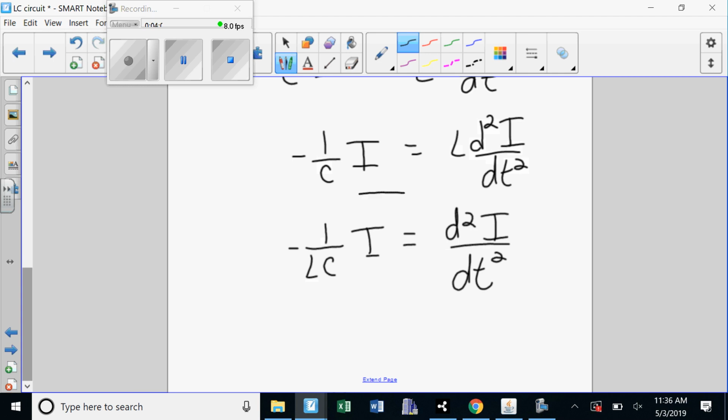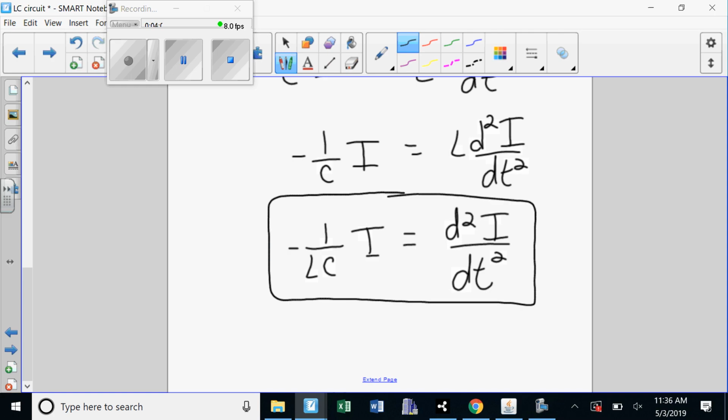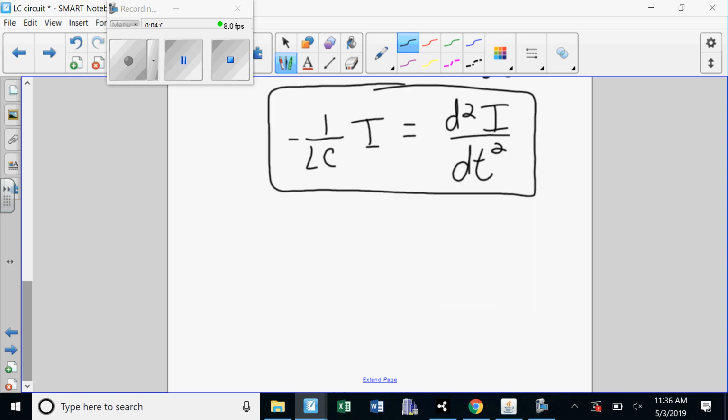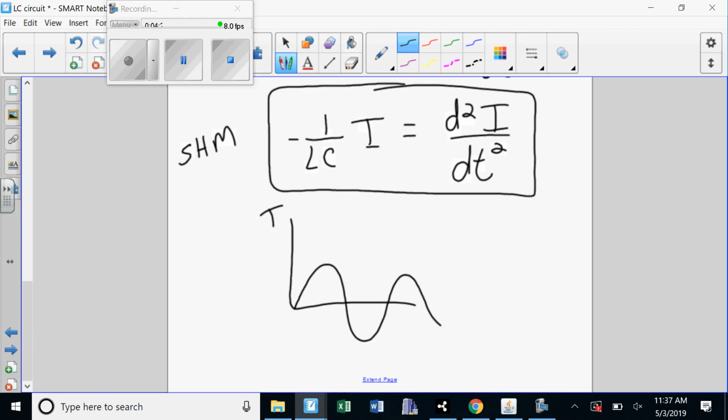And this is the exact same result as what we got when the battery was in. This, again, is simple harmonic motion. So I've taken the battery out, and somehow I have the current passing back and forth, right? It's going to look like a sine wave, just like it did for the LC circuit with a battery, right?